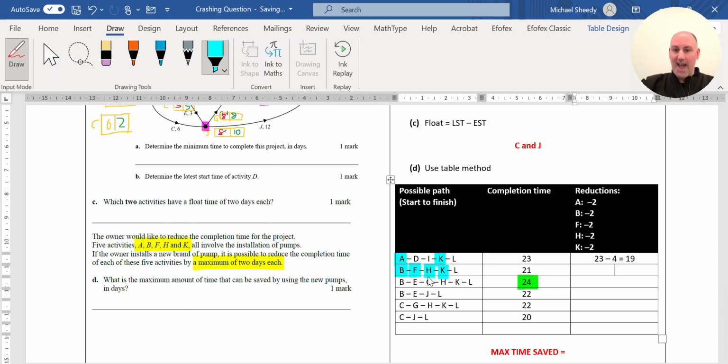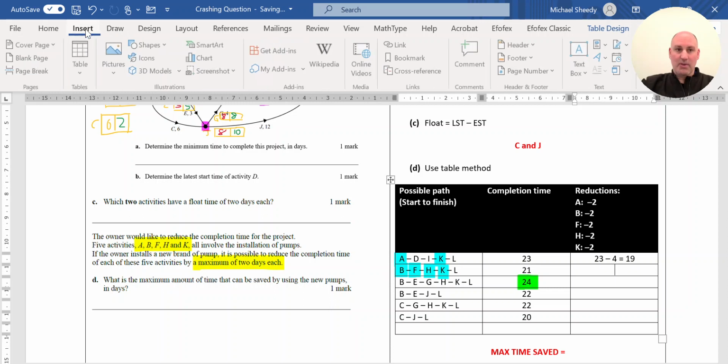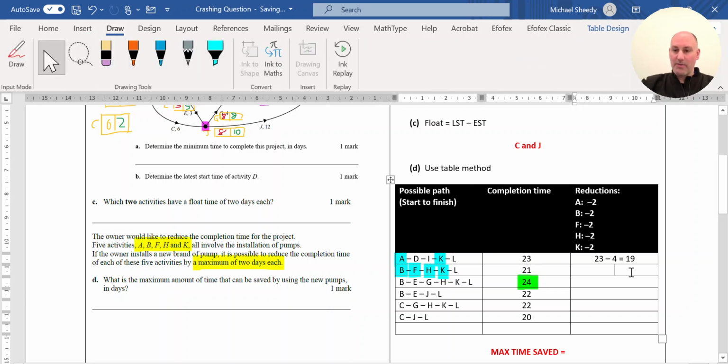So that would be an 8-hour reduction along that path if I was to do the maximum. And we assume we can do the maximum. So the original path was 21. I'm going to take away the 8 hours and then have 13 as the completion time of that particular path.